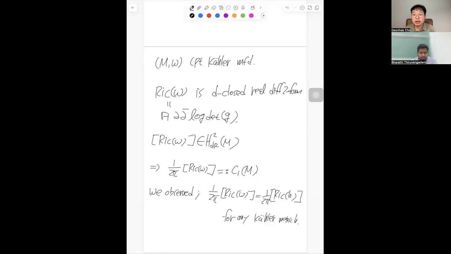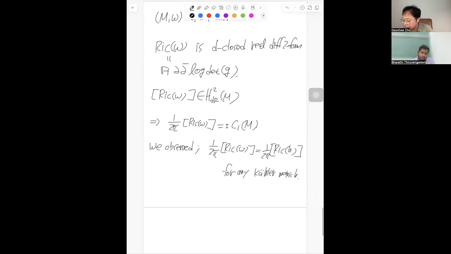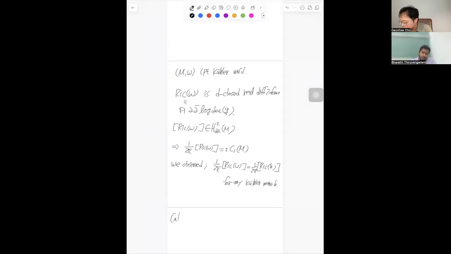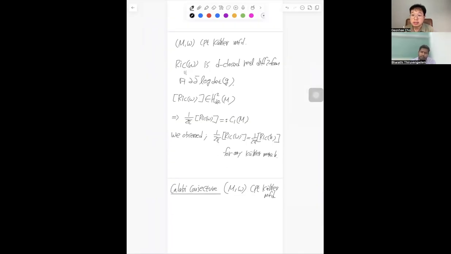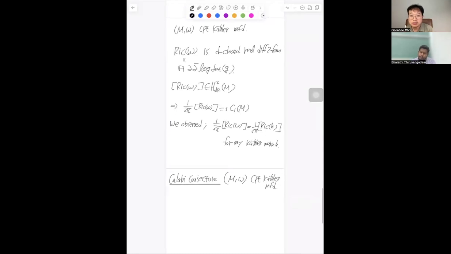So that's why it makes sense to talk about the first Chern class in the Calabi conjecture statement. The given setting is already a compact Kähler manifold, so at this stage the first Chern class is clearly declared. Is that okay with you? Because as long as we have a compact Kähler manifold, then c1(M) is already defined.